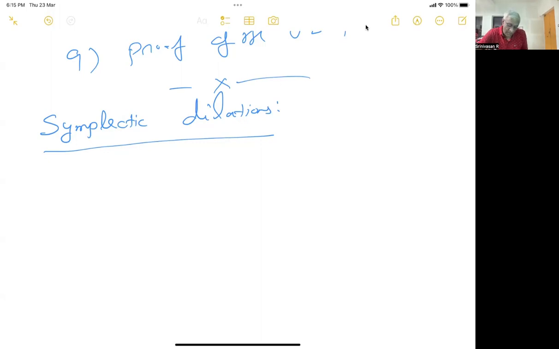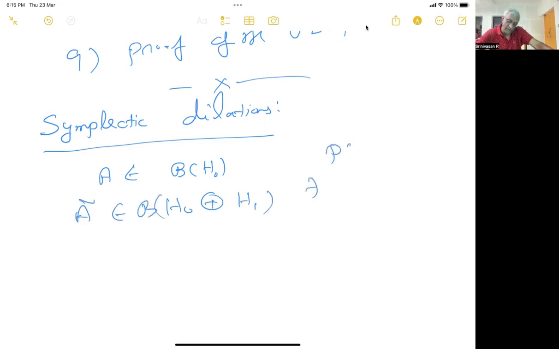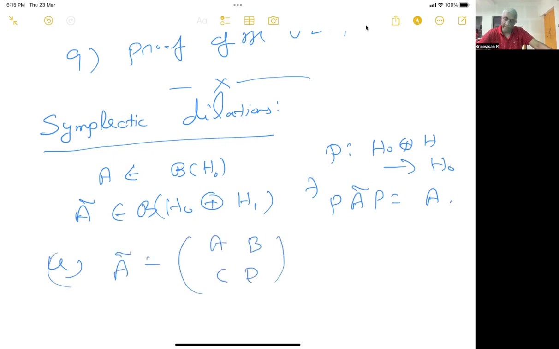So if you have some operator A on B(H), then we say something is a dilation if you take a bigger space, H0 direct sum H1, and A tilde is an operator on it such that if P is the projection from H0 direct sum H1 to H0, then P A tilde P is A. That is, A tilde will look like the matrix [A, B; C, D], where A is an operator on H0, B is an operator from H1 to H0, C is from H0 to H1, and D is an operator on H1.